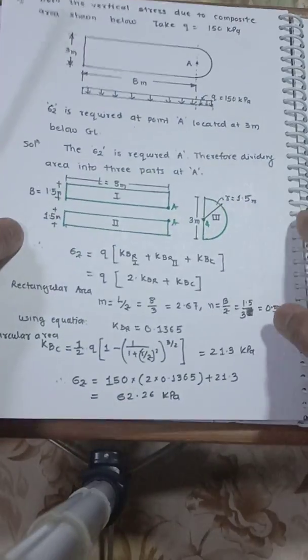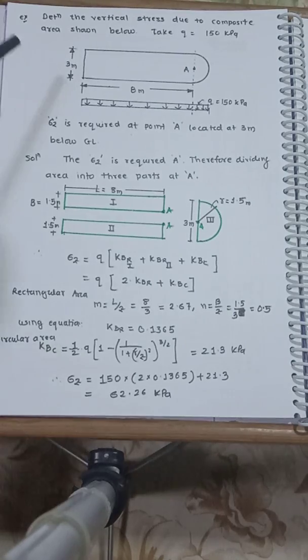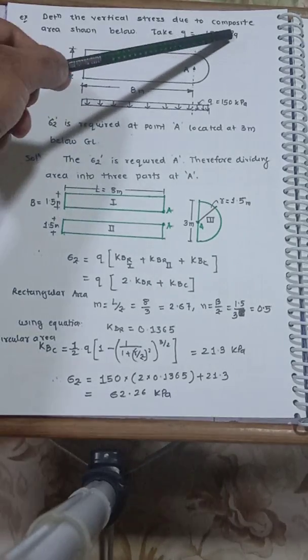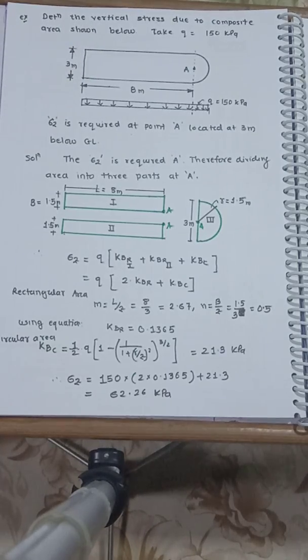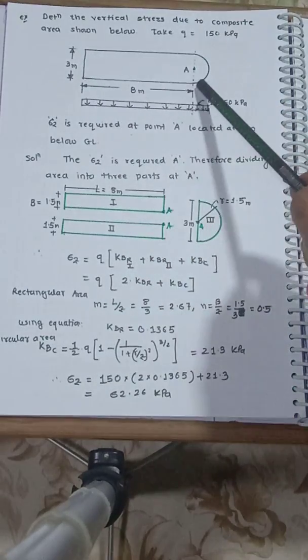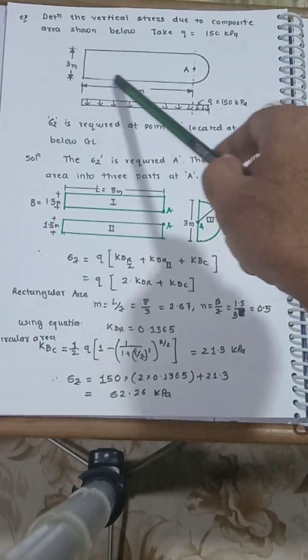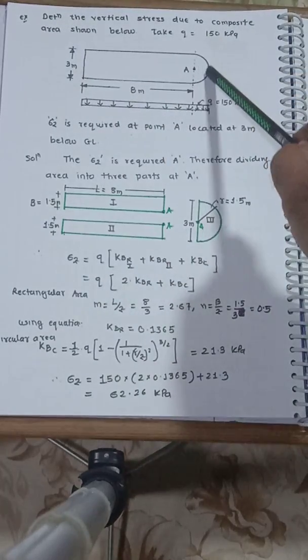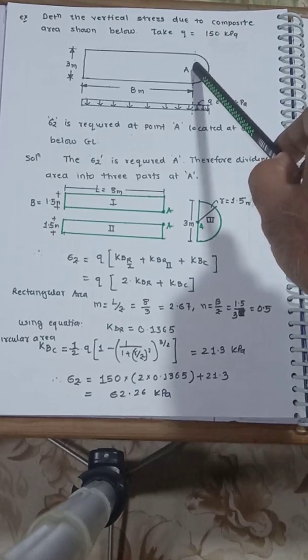I will take another problem where there is a combination of two loads. Determine the vertical stress due to the composite area as shown below. Take the contact pressure as 150 kilopascal. You can see here in plan the load is given. It's just like a raft. One side looks like a rectangle plus a semicircle, and we require the stress at a point that is exactly the center of this semicircle.